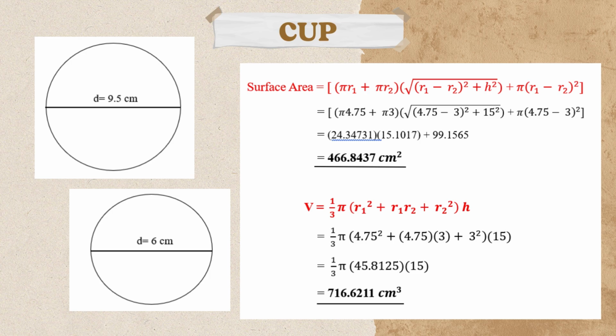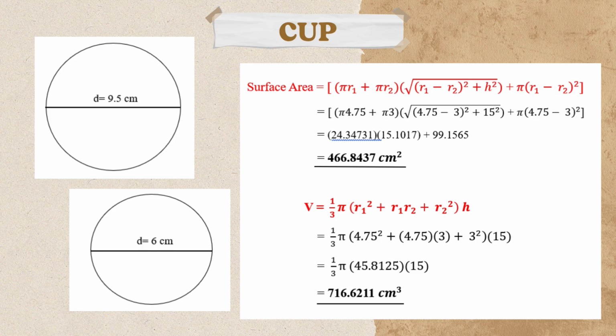After substituting, it will give us open bracket pi times 4.75 plus pi times 3 close bracket times open bracket square root of open bracket 4.75 minus 3 close bracket squared plus 15 squared close bracket plus pi open bracket 4.75 squared plus 3 squared close bracket.